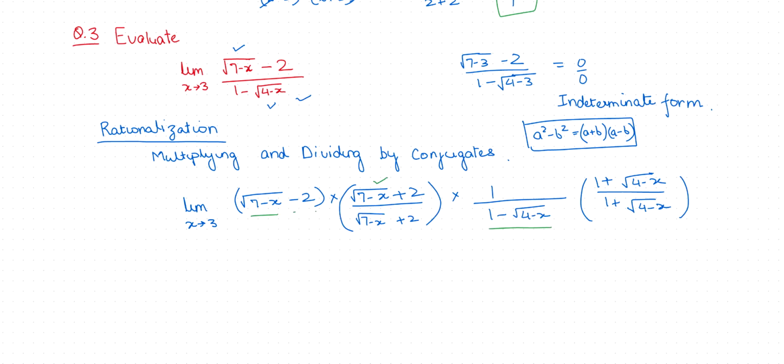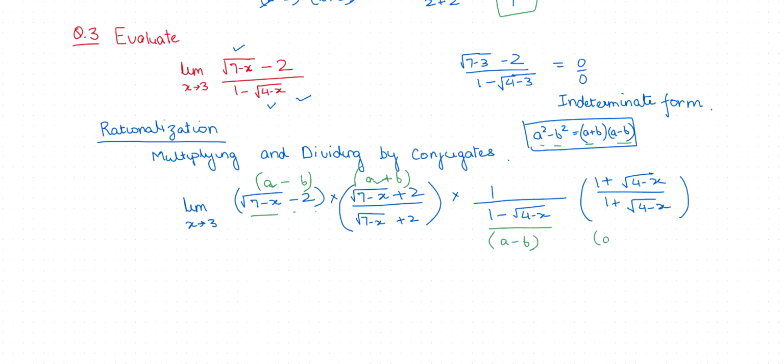We did this so that we can remove the radical sign, because we know a square minus b square is (a plus b)(a minus b). So this is in a minus b form and this is a plus b. Similarly here, this is a minus b form and this is a plus b.